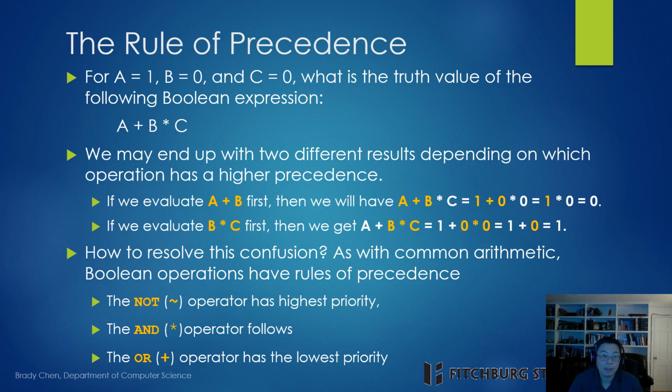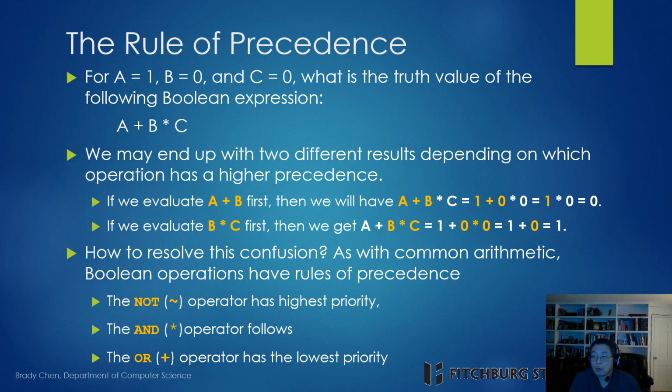There is a rule of precedence in Boolean logic, but we did not emphasize this. But now let's talk about it. Once we talk about the rule of precedence in Boolean algebra, it also applies to Boolean logic, because Boolean logic is just a special case of Boolean algebra.